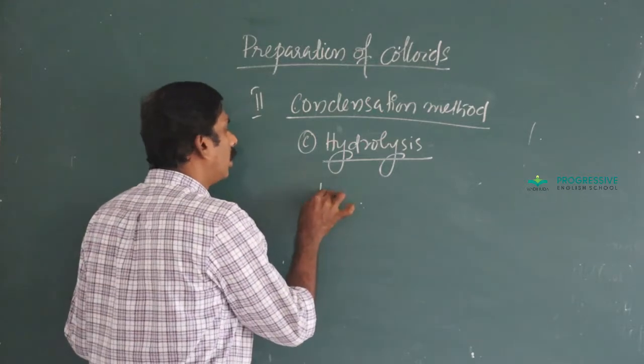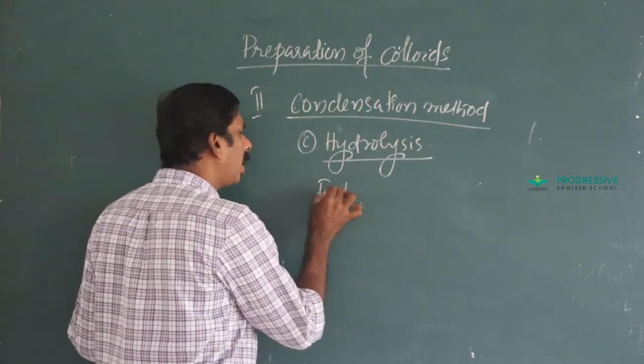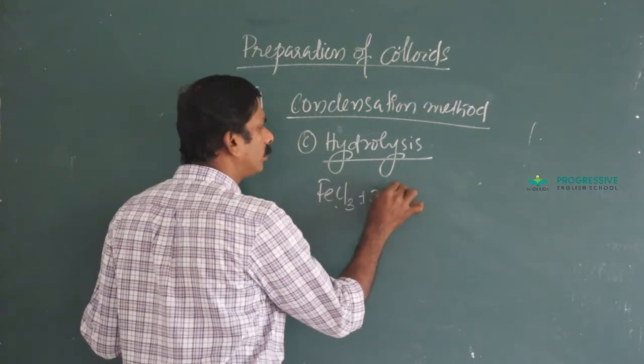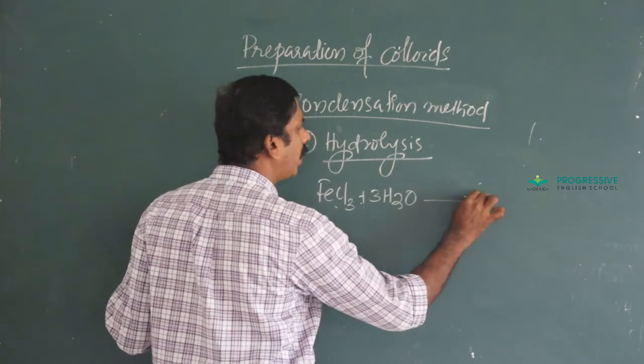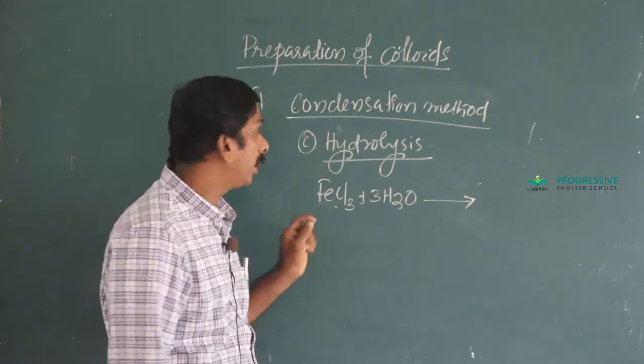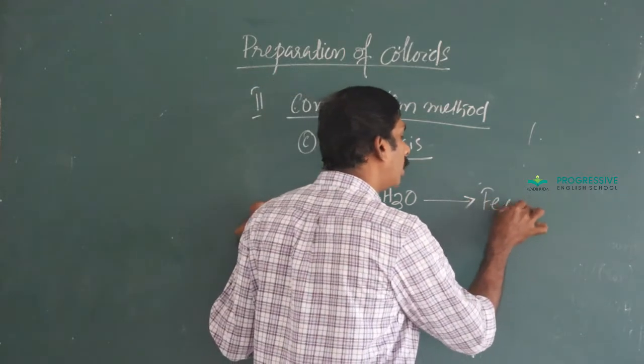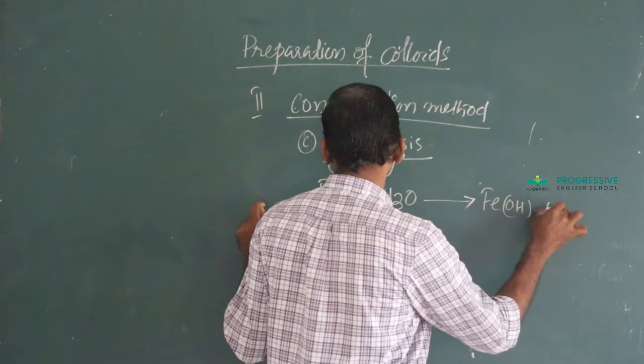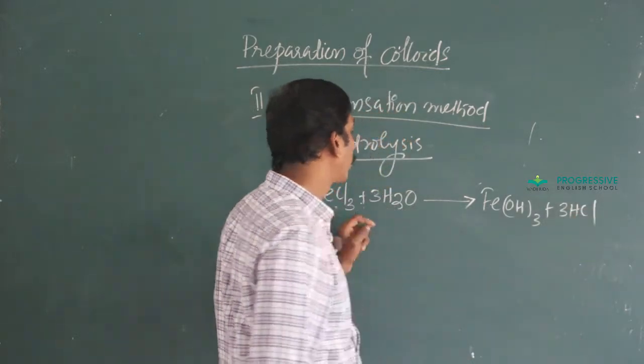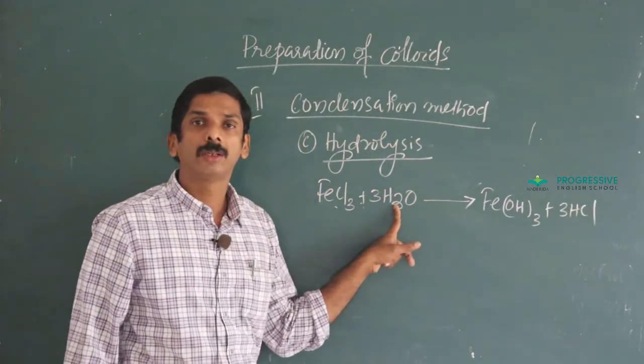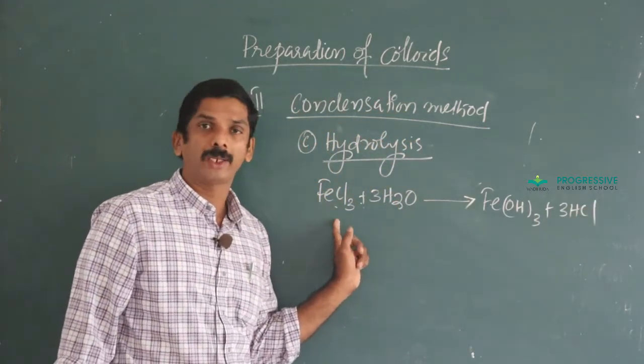Here, ferric hydroxide sol is prepared by adding hot water to ferric chloride.